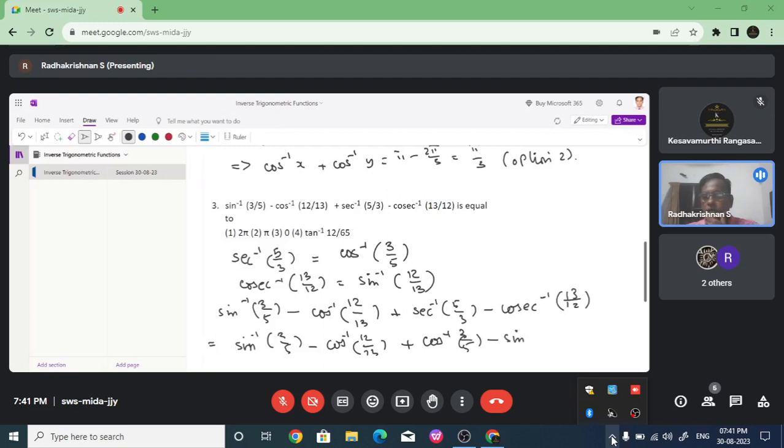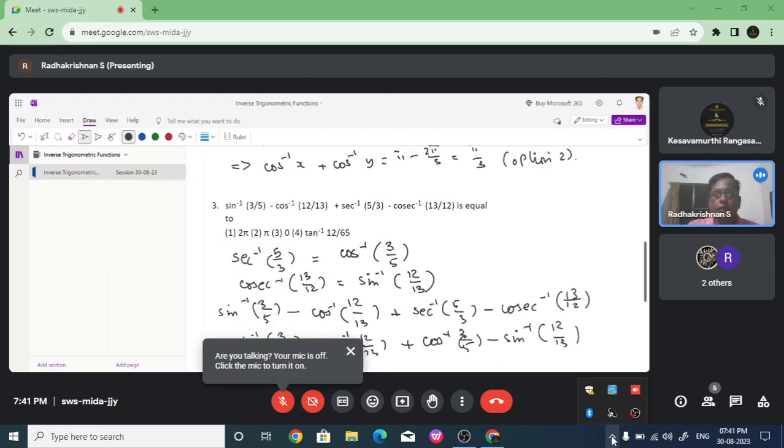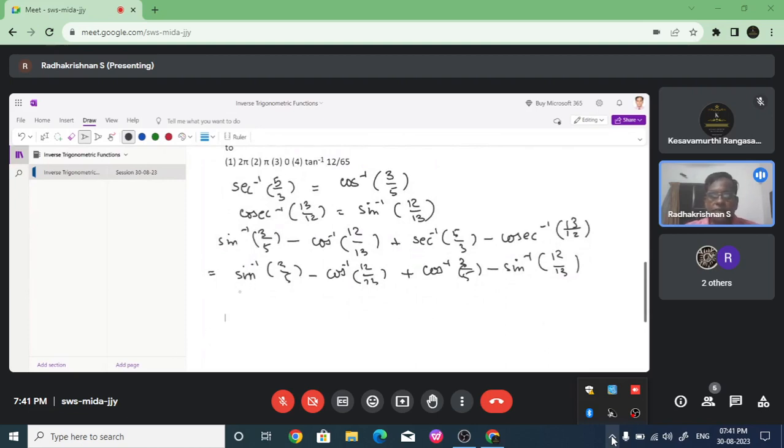This becomes equal to sine inverse 12 by 13. So you see that now you have to use the first set of formulas, which is co-function inverse identities. Now you can see sine inverse of 3 by 5 plus cos inverse of 3 by 5 is equal to pi by 2.